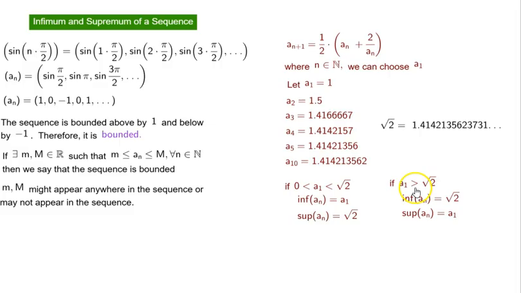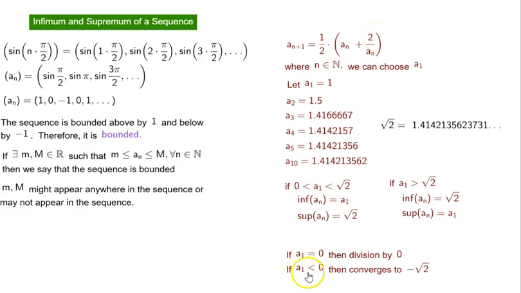If A sub 1 we choose something greater than root 2, say for example 2 or 3 or 4, then infimum of A sub n is equal to root 2 and supremum of A sub n is equal to A1. If A1 we choose as 0, then we end up with division by 0. So that's not a valid choice.